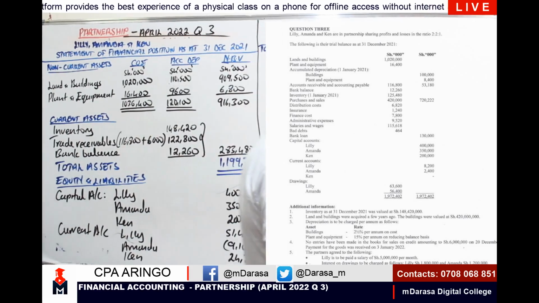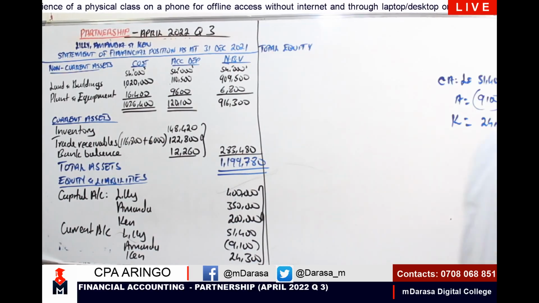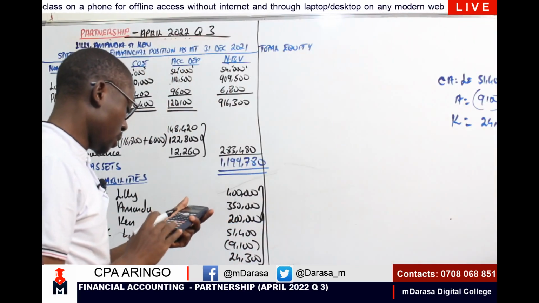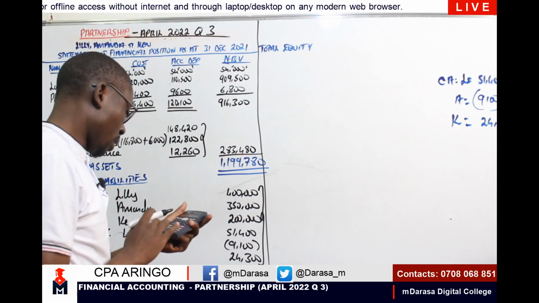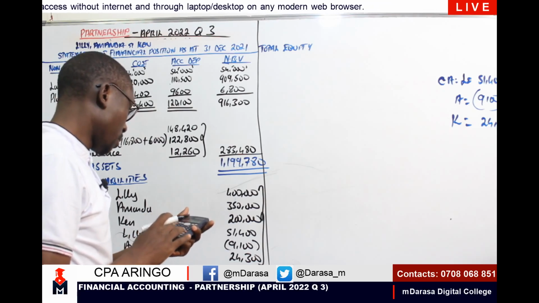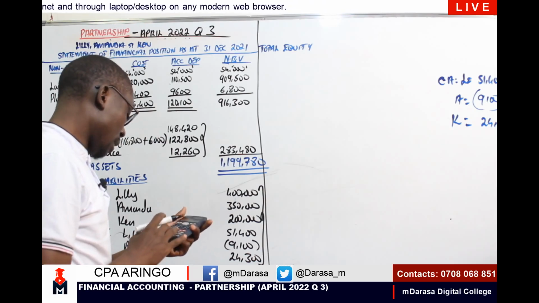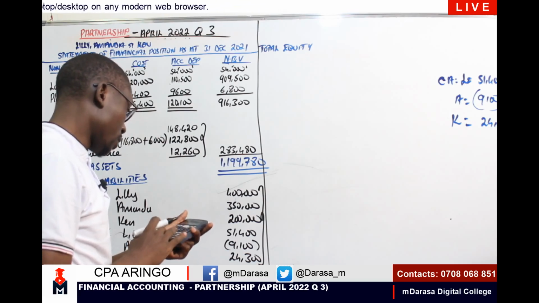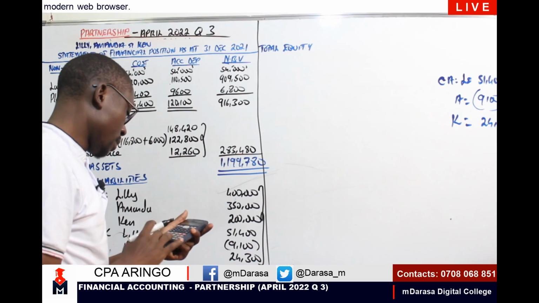I'm going to take 400,000 plus 350,000 plus 200,000 plus 51,400 minus 9,100 plus 24,300.